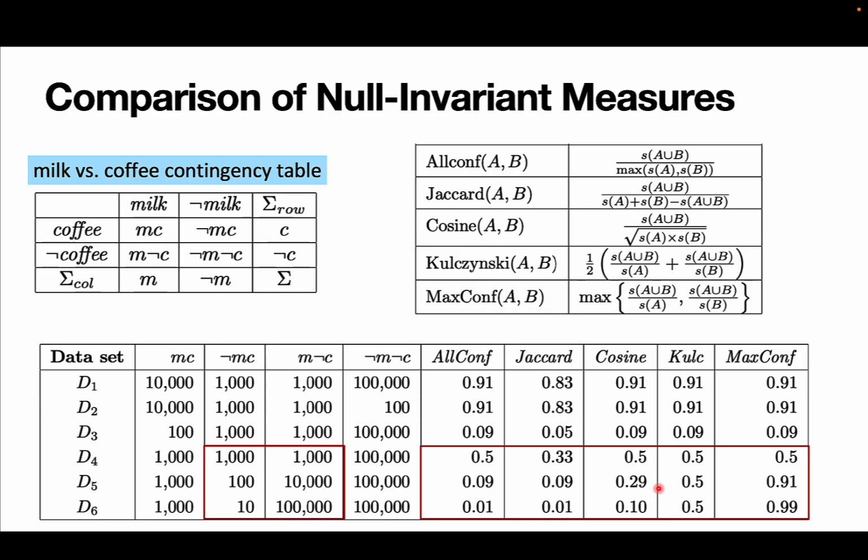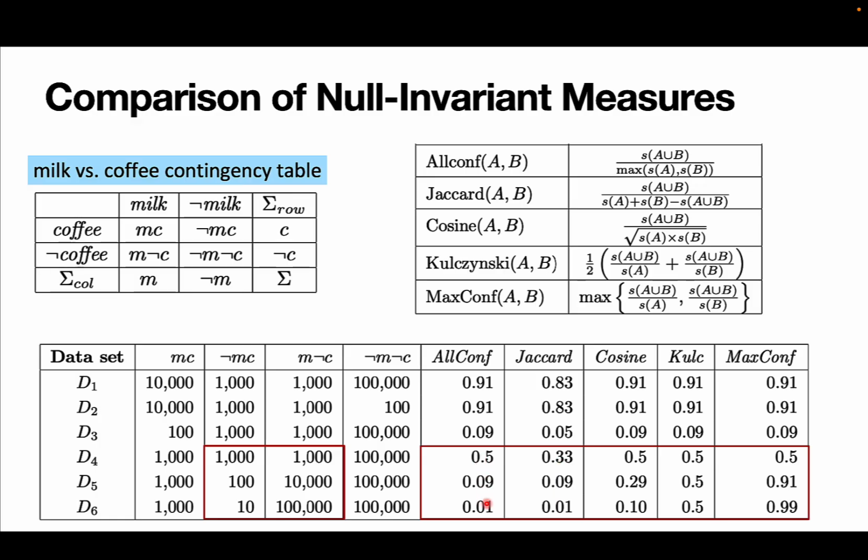Kulczynski remains steady because it is the arithmetic mean of P and Q. Cosine goes down because it's the geometric mean of individual support values. So in other words, if support of A or support of B disproportionately decreases, it will take down the value. Jaccard also goes down if the skew is increased, and this happens because Jaccard is based on the ratio between the intersection and the union.